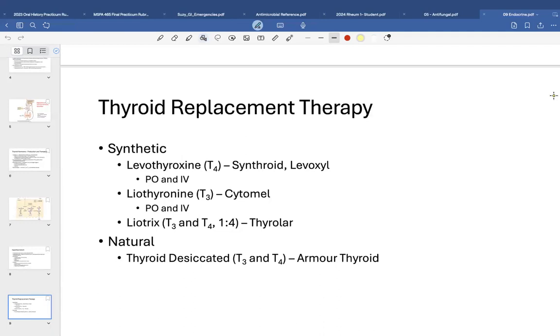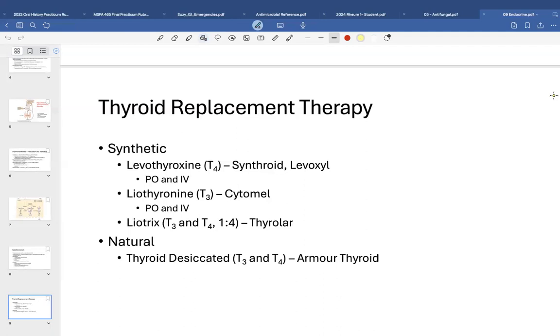And then a natural product, Armour Thyroid, which is literally the thyroid hormone taken from, I want to say, pigs, desiccated, then prepared as a pharmacological product. And again, of course, that will contain a mix of T3 and T4. So we'll discuss each of those in turn, starting with levothyroxine, Synthroid.